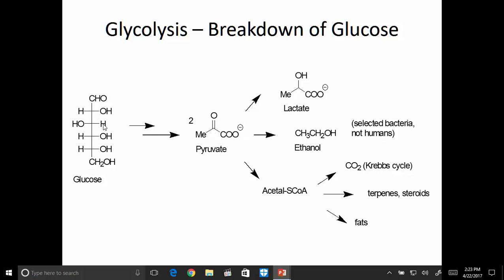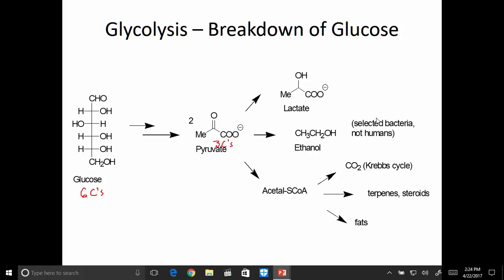Here we have 6 carbons. We're just going to cut it into two 3-carbon pieces. Depending on the organism, a lot of things can happen at this point. Pyruvate can go to lactate, through just a simple reduction of this carbonyl group.